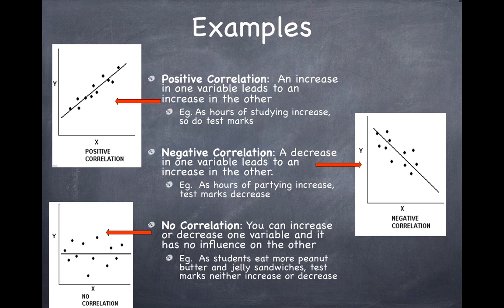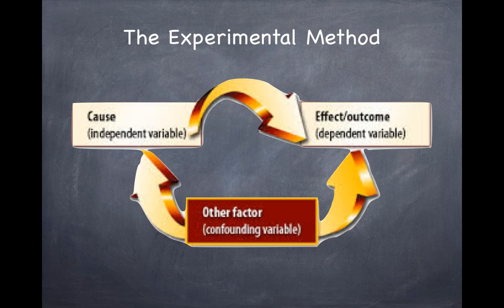Now the experimental method also includes two things here. When the experimental method is being used, this is not correlation. This is the only research method to identify cause and effect relationships between two or more variables. You have the independent variable and dependent variable.